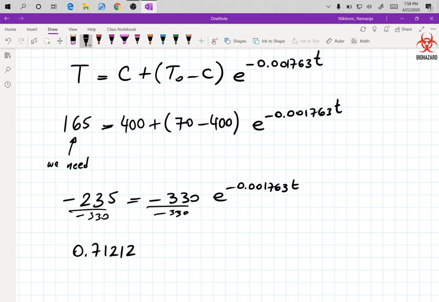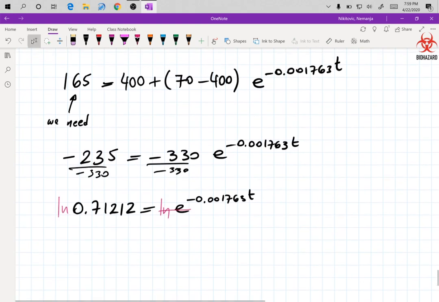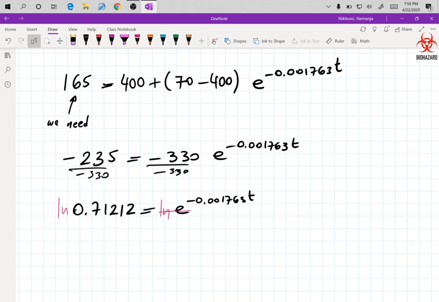So we get 0.71212 equals e to the negative 0.001763t. Hit both sides by ln to kill e, because they're inverses. ln of the answer is negative 0.3395 equals negative 0.001763t.